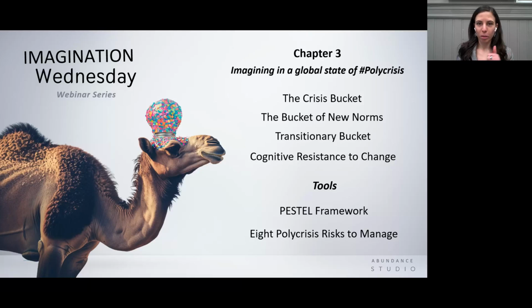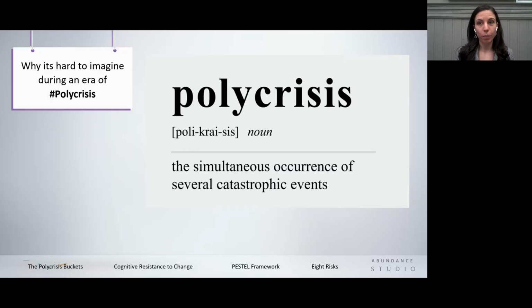There's the crisis bucket itself of just crisis, then the new norms bucket, and then the transitionary bucket. I'll explain each one and what they look like and what they mean, and also how to use any generative AI platform that you like to analyze it quicker. And then the tools that I think are most useful to analyzing risk and crisis are the PESTEL framework, and I'm going to go over 8 specific risks that need to be managed.